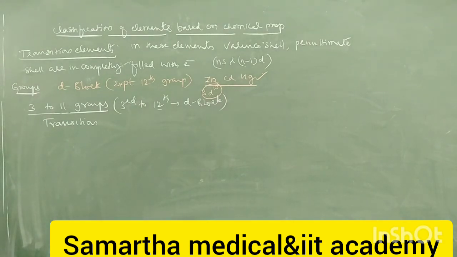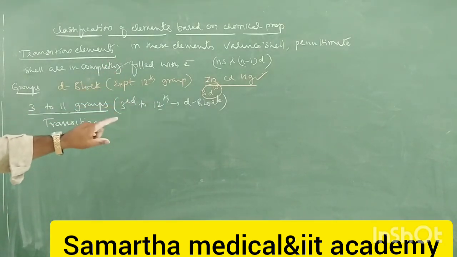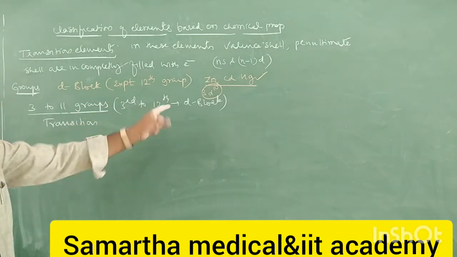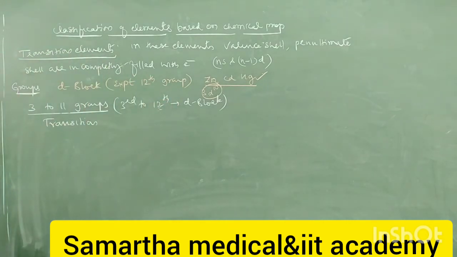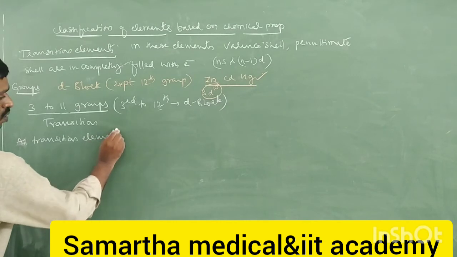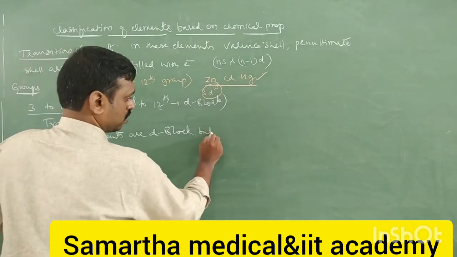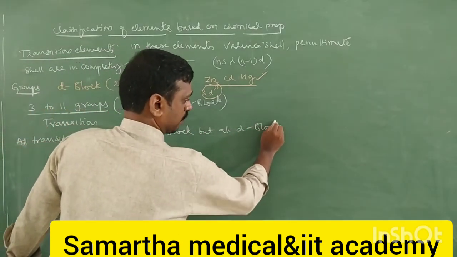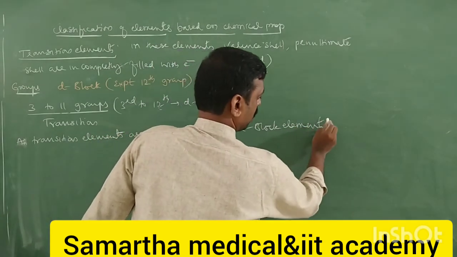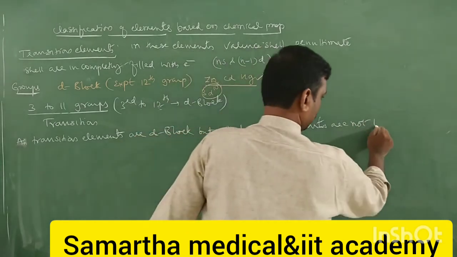How? If you take all D block, the 12th group also comes. The 12th group is D block, but not transition. So all transition elements are D block, but all D block elements are not transition.